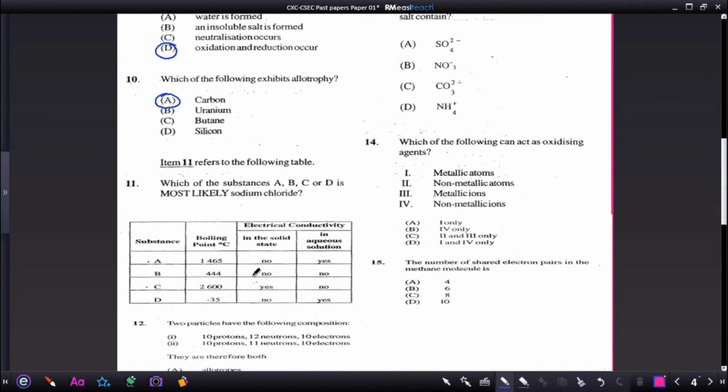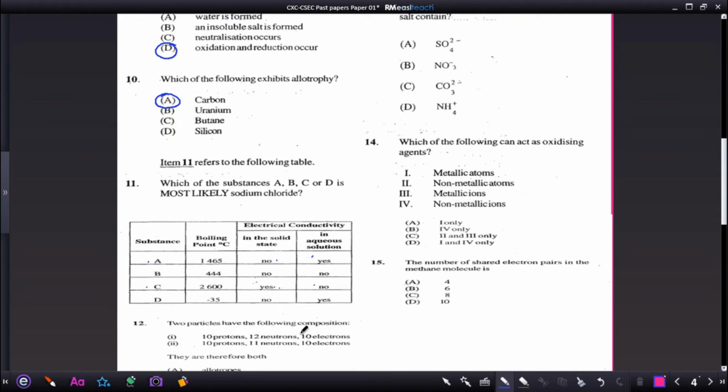It says electrical conductivity in the solid state. This one says no. This one says yes. This one says yes. This one says no. So if this one is yes, it conducts electricity in the solid state, it means that it is not sodium chloride. Because sodium chloride, as we know it, table salt, will not conduct electricity as the solid table salt that it is.